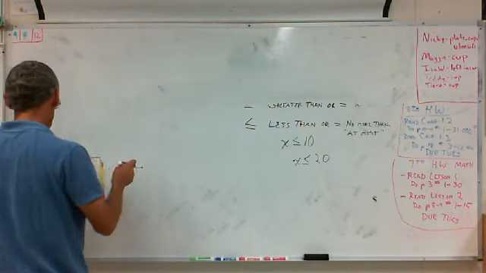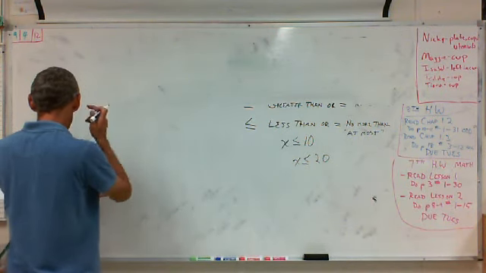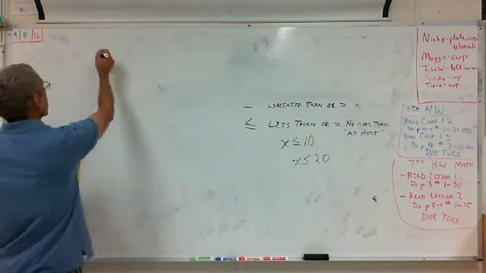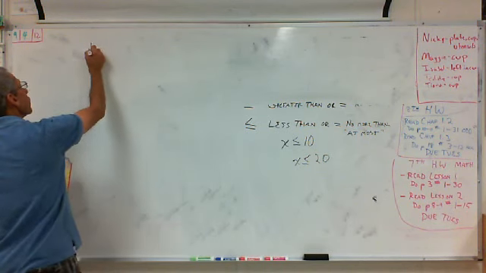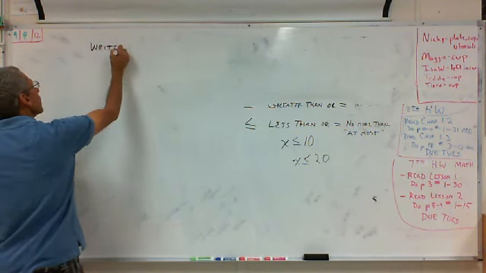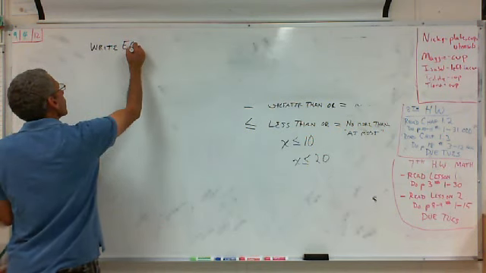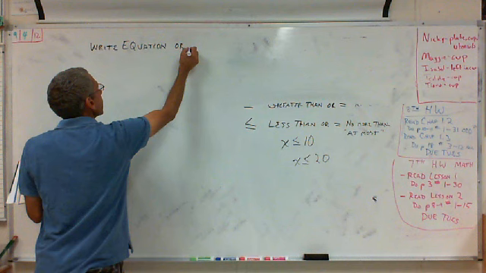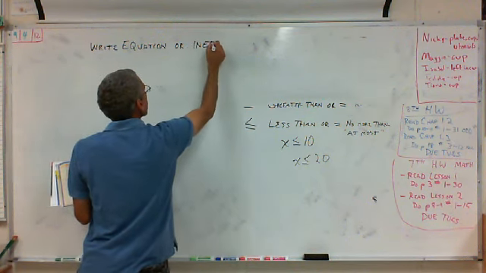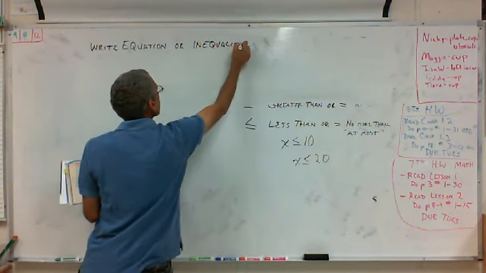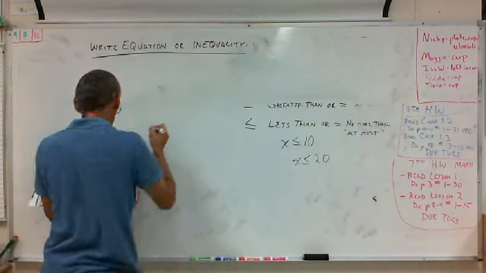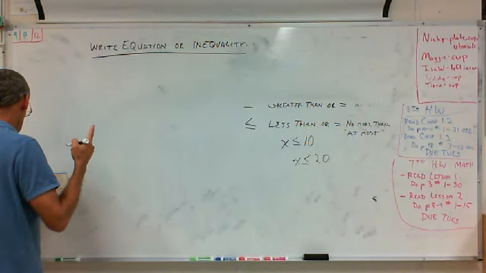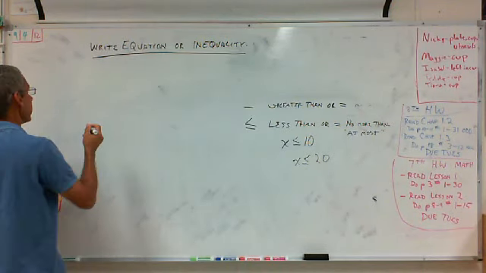All right, so let's write an equation or an inequality. Write an equation or inequality. Okay, A: the difference of twice the number k and 8 is 12.